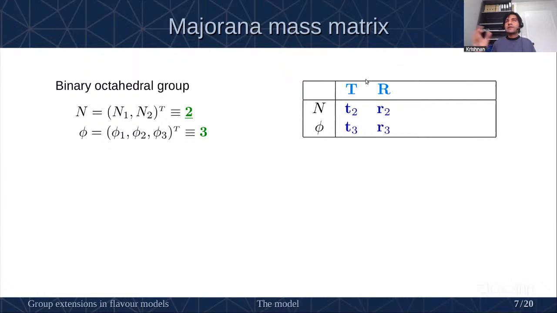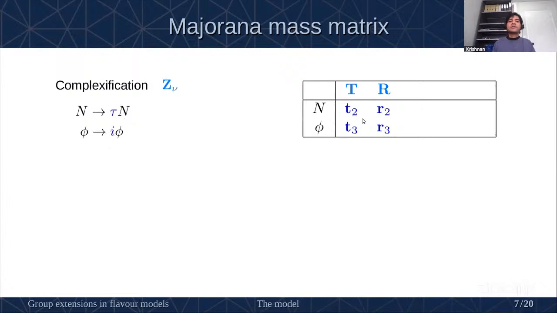As I said before, the binary octahedral group is constructed with 2 generators, T and R. These are abstract generators. These are the representations. The first is a 2-dimensional representation, and the second one is a 3-dimensional representation. Now, the next point is complexification.